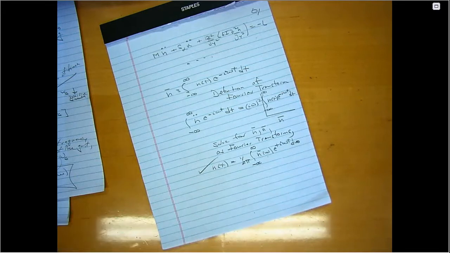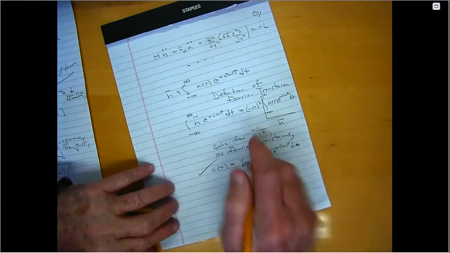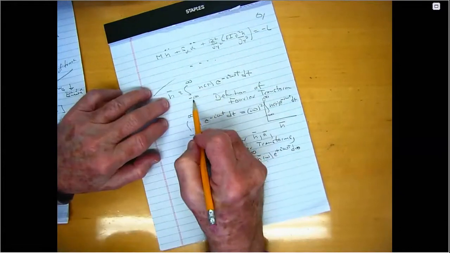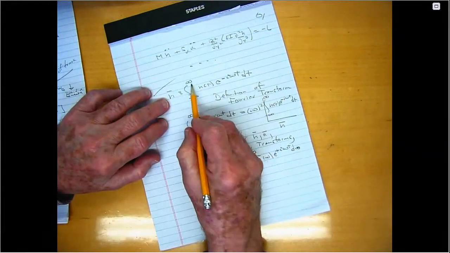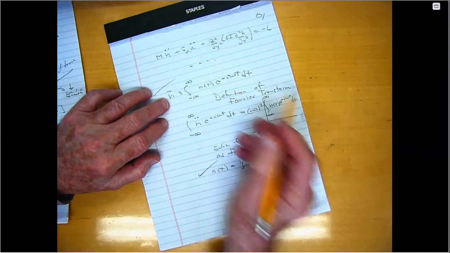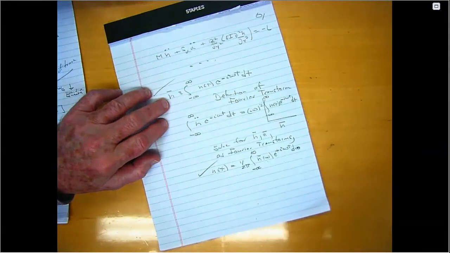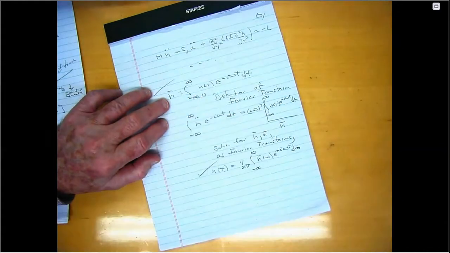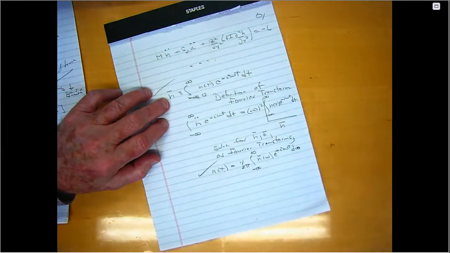For example, here this is the definition of the Fourier transform, this integral from minus infinity to plus infinity. If I think of nothing happening before some particular instant in time, which I, by definition, call time t equals 0, that's all I do.